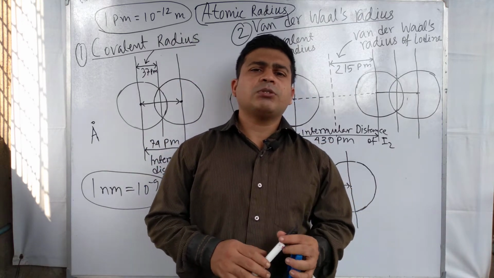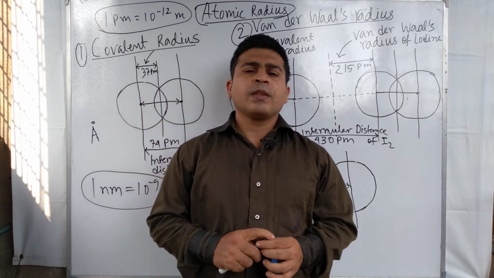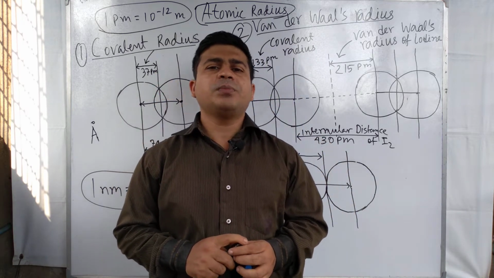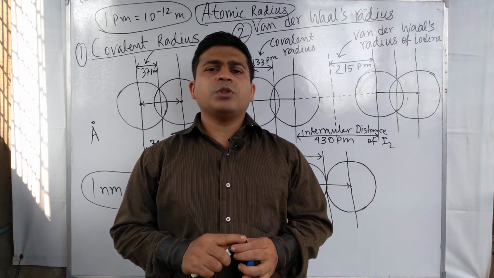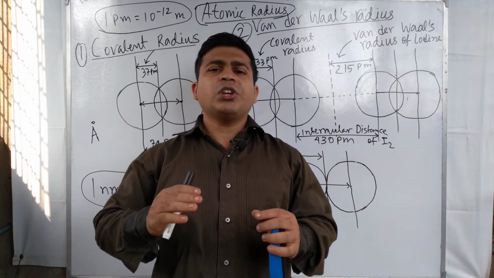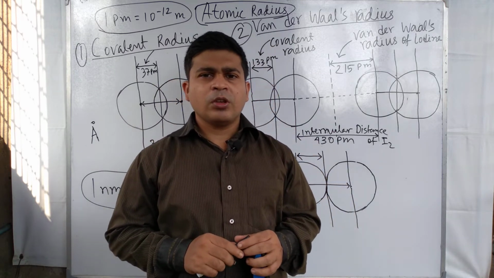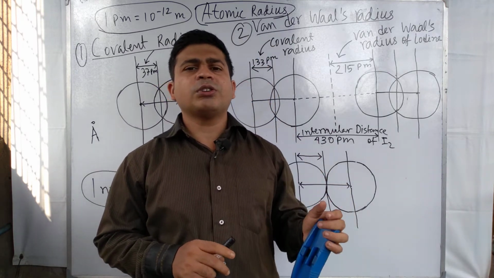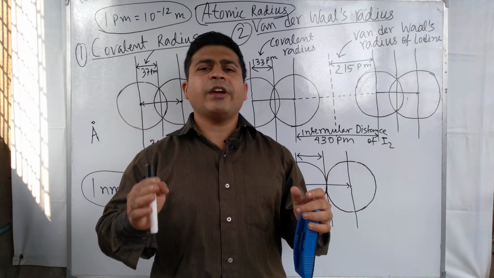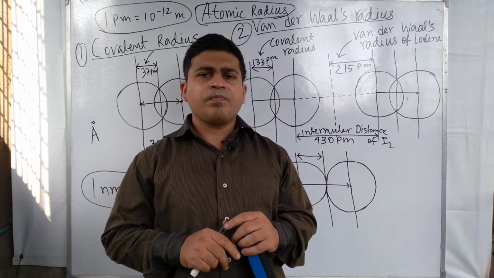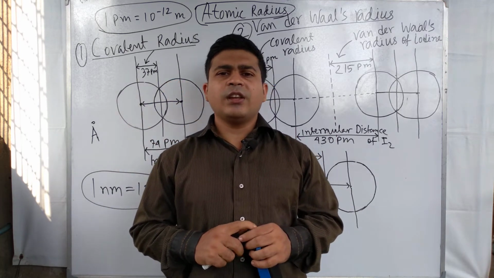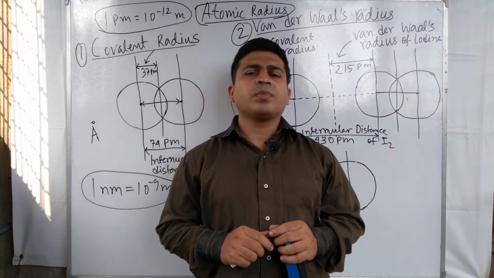For example, the first difficulty is that according to the Heisenberg uncertainty principle, you cannot actually get the position of an electron in the outermost shell. So it is not possible to determine the exact radius of an atom.